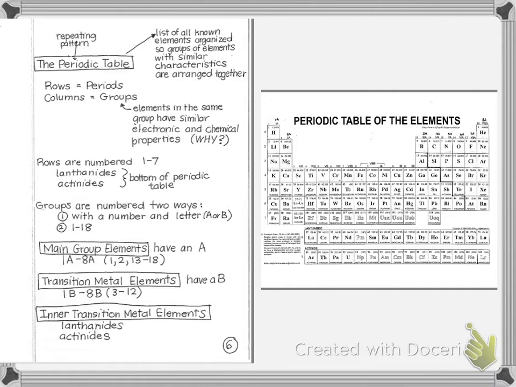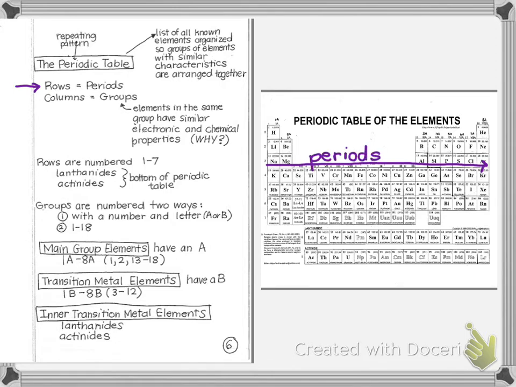So one thing we have to learn, though, about the periodic table is how we describe it and what words we use to talk about it, so it makes it a little bit easier. So looking at the periodic table, it has rows, which means it goes across. So if I drew a line right there, that would be a row. And we don't usually call them rows, we call them periods.